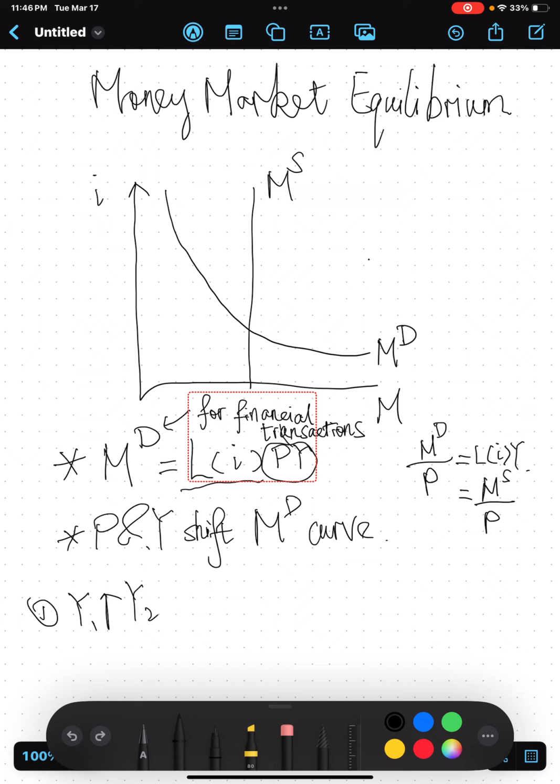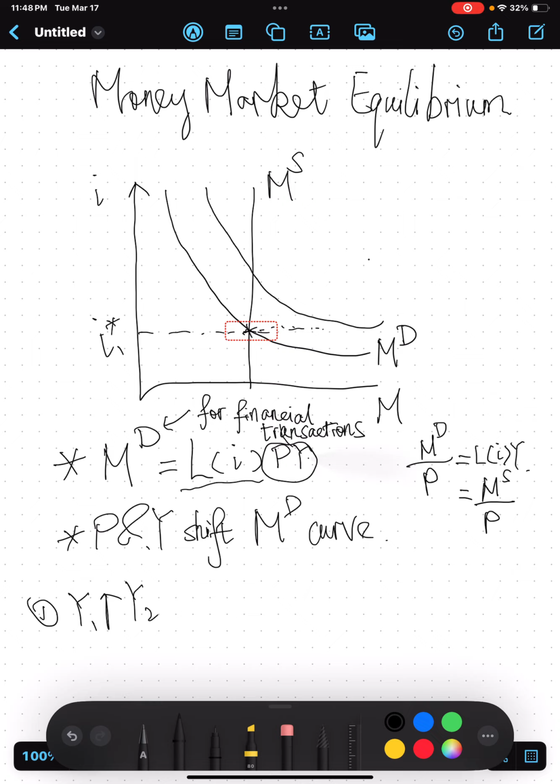Originally the equilibrium is here, this is i*1. But now your entire real income goes up, so for the same liquidity preference you would demand more money. Even with the same preference weight, say 20%, originally you earned 1,000 and 20% is 100.